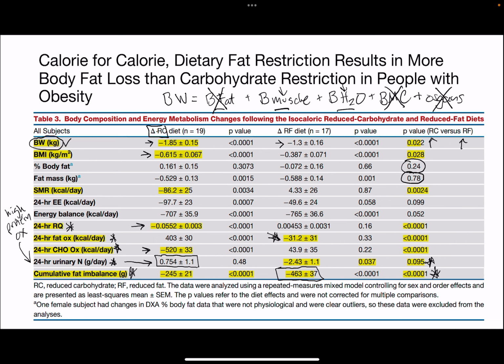So even though the people on a reduced carb diet lost more body weight, they didn't lose more fat. They were in less fat imbalance, burning less fat compared to the fat consumed.